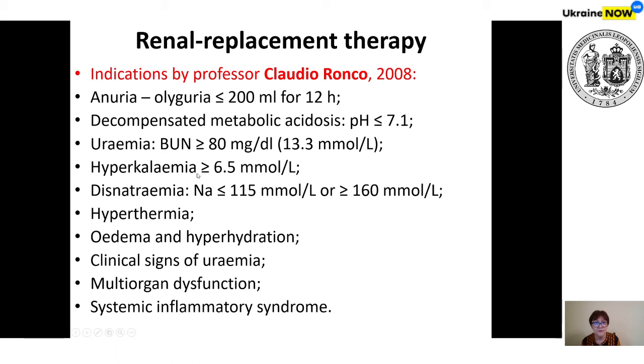For example, blood urea nitrogen more than 13 millimole per liter, dysnatremia, sodium level in plasma less than 115 or more than 160, which can be quickly corrected in hemodialysis. Hyperthermia, multi-organ dysfunction, and systemic inflammatory syndrome are also indications for renal replacement therapy.